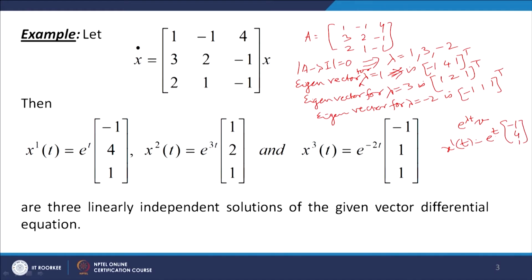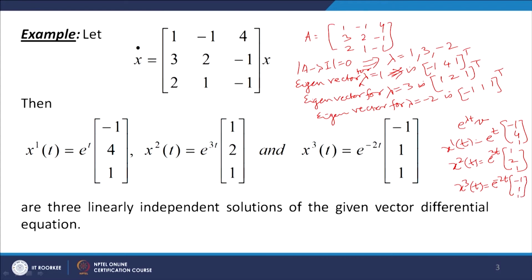This is one solution of the vector differential equation. The other solution corresponds to the other eigenvalue and eigenvector: lambda equal to 3, so e to the power 3t times (1, 2, 1), and x3(t) equal to similarly e to the power -2t times (-1, 1, 1).